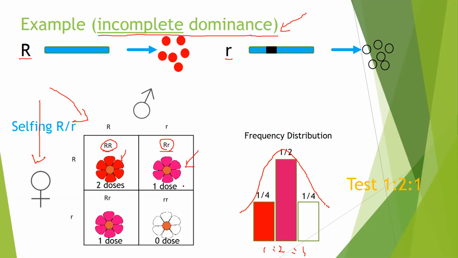Because we have very clear categories, in this situation we only have 3 categories. So we can get this bar plot of the distribution. This is one gene, simple traits.